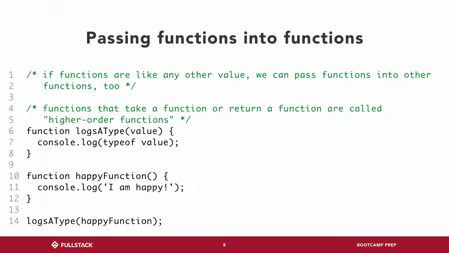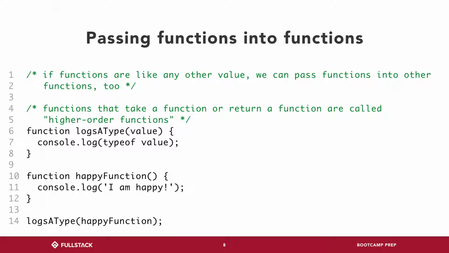Let's say we had a function called bakeACake. Then we could have functions called grabFlour, grabEggs, putInOven, whisk, all those functions, and pass them into the bakeACake function and then call them from within the bakeACake function. That might be useful.